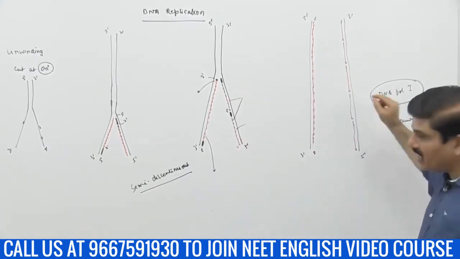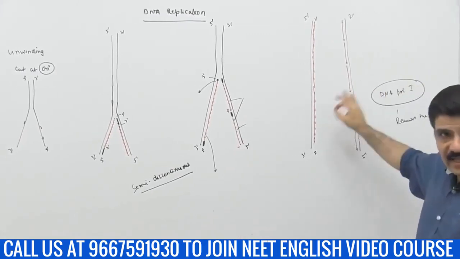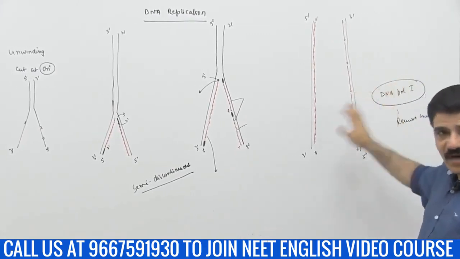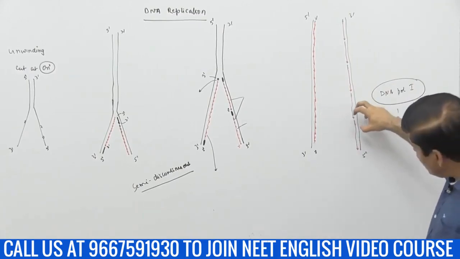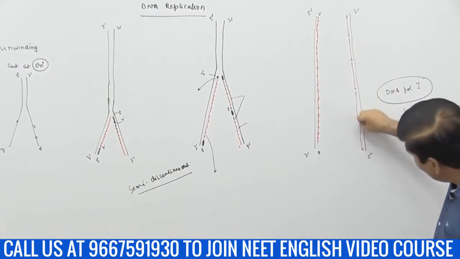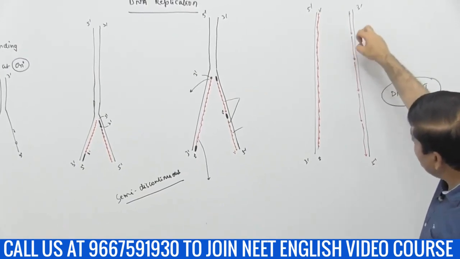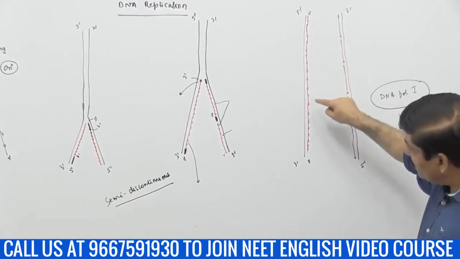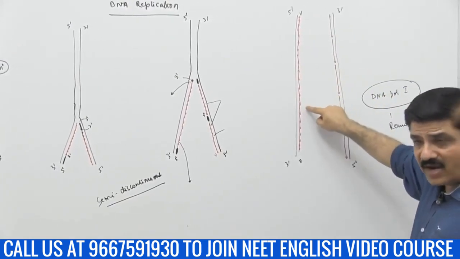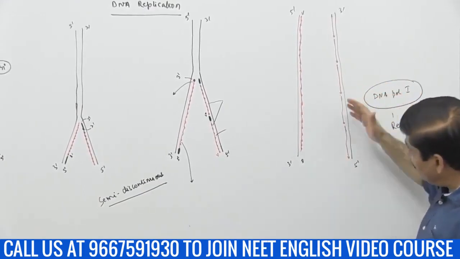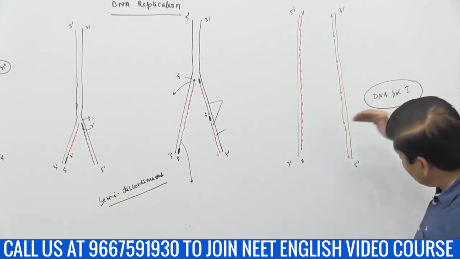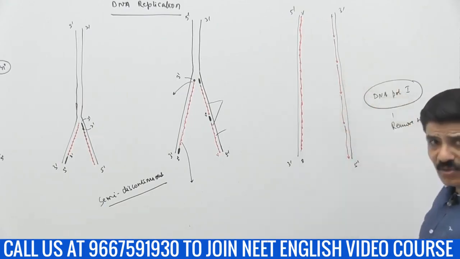Now on the lagging strand, one function is still left. The idea is to make phosphodiester bonds and join the Okazaki fragments. Remember, this will not be required on the leading strand. The action I am talking about is limited only to the lagging strand, which has been synthesized discontinuously.